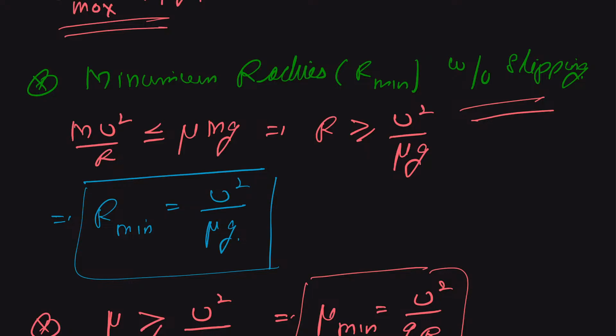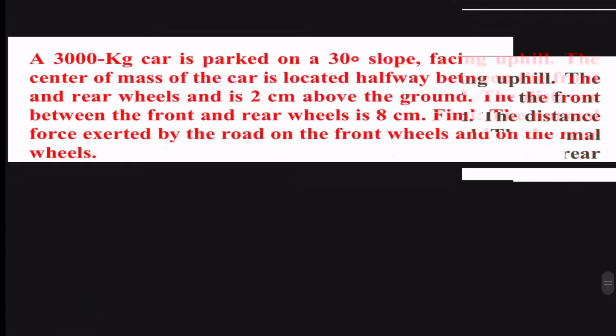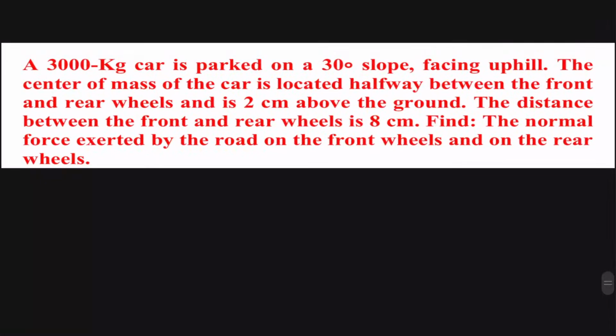So these were the few variations of the railroad car. Next question states that a 3000 kg car is parked on a 30-degree slope facing uphill.